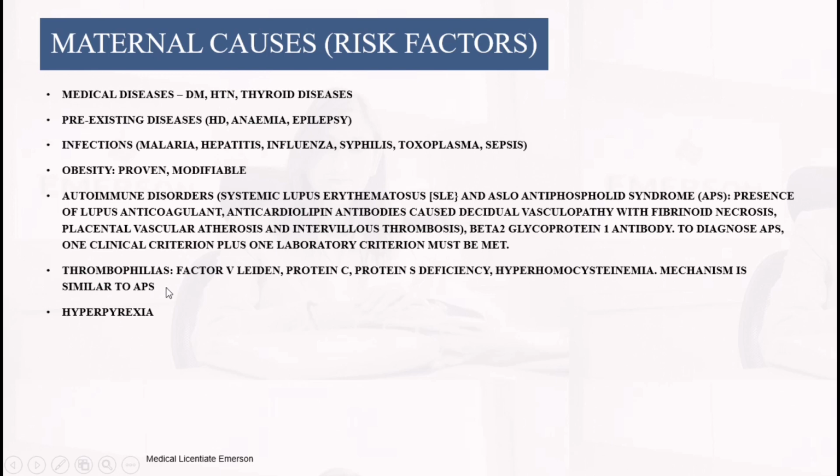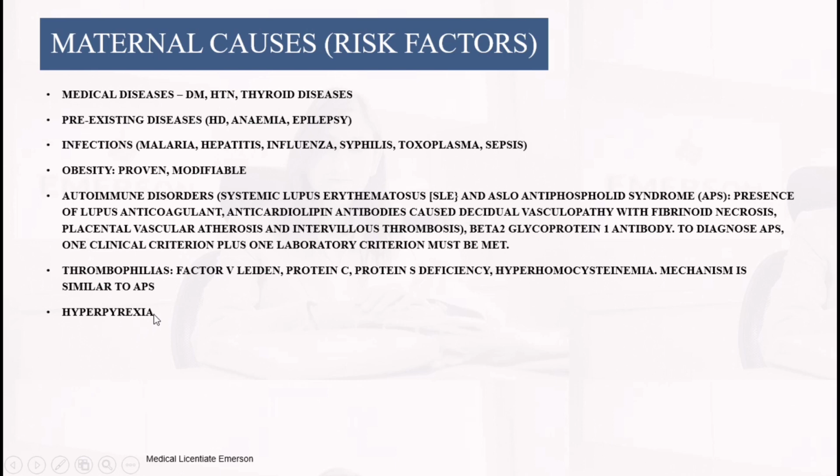Then we have other causes such as thrombophilias, such as factor V Leiden, protein C, protein S deficiency, hyperhomocysteinemia. The mechanism is similar to APS, the one we were talking about.